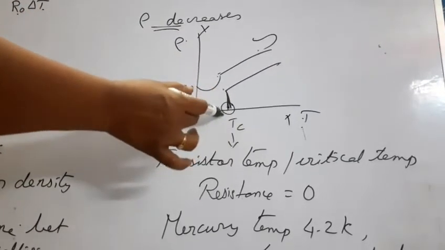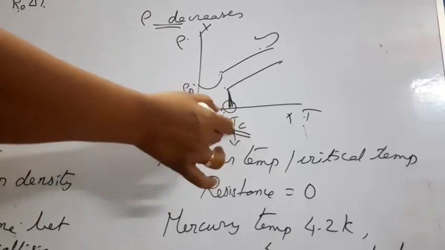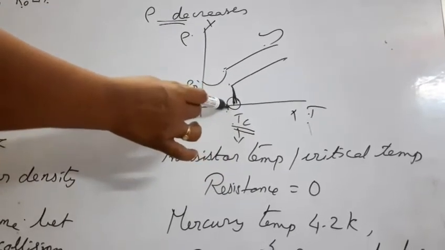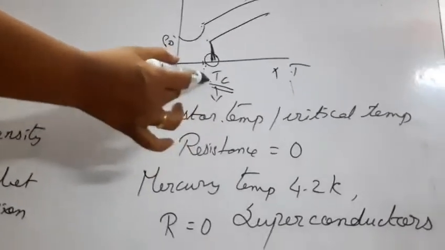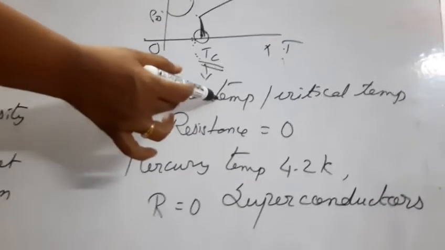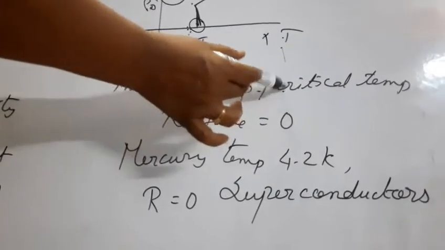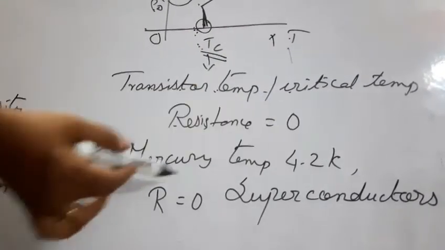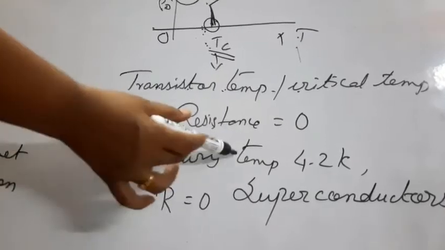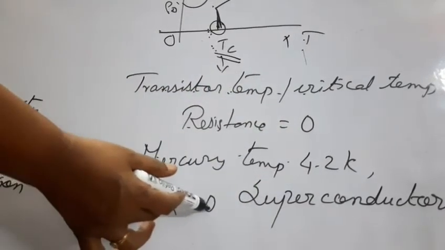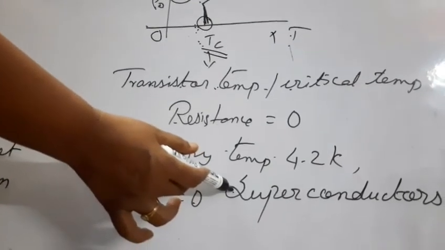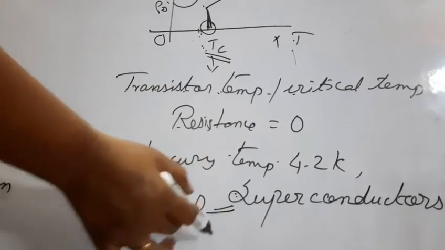When it reaches a certain level, suddenly it goes to the zero level. This we represent as TC. TC is known as the transition temperature or critical temperature, at which the resistance value is 0. For mercury the temperature is 4.2 Kelvin. At that point the resistance value is 0. Conductors like that are known as superconductors.